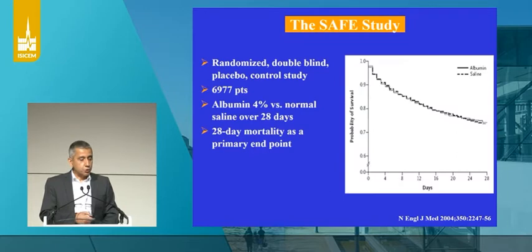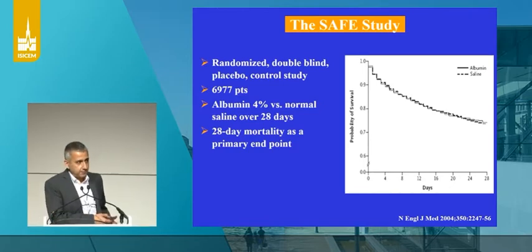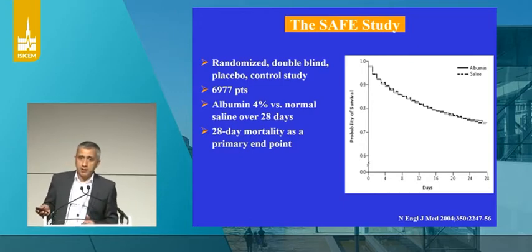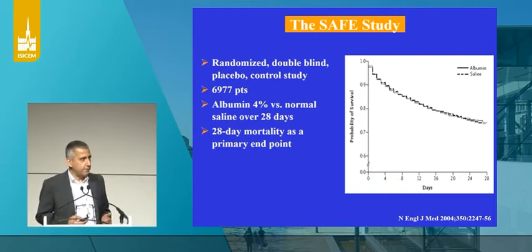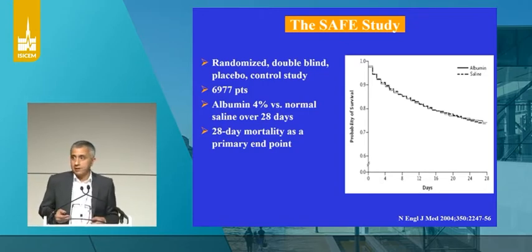Of course, we have the SAFE study, which showed us that albumin was safe even used the way they gave it, which was that if the patient needed fluid, he received 4% albumin. So it's a more liberal way of giving albumin. We would not do that in our everyday practice in every patient admitted to our hospital.